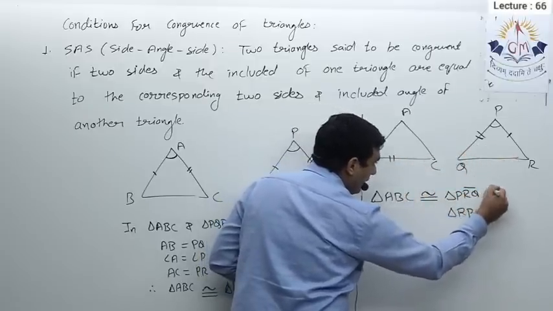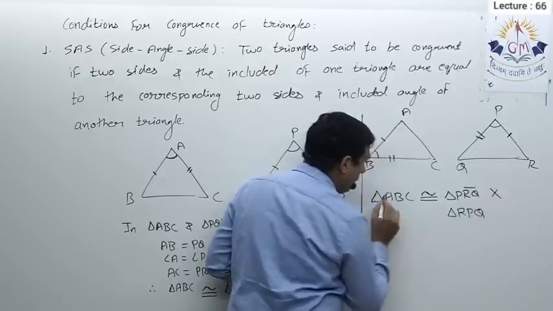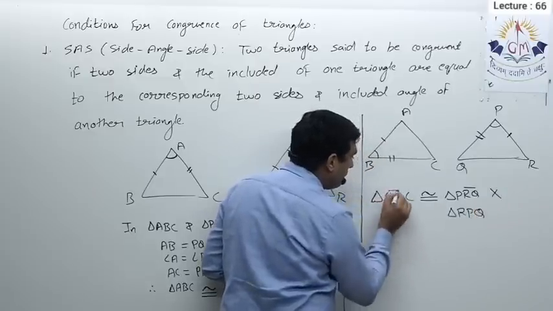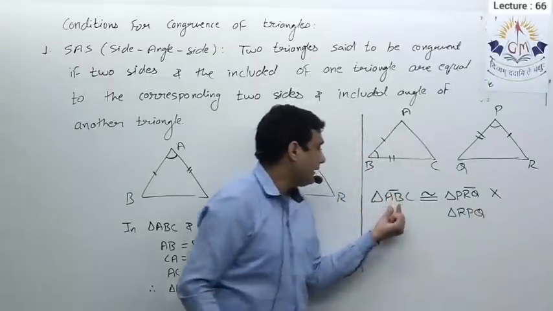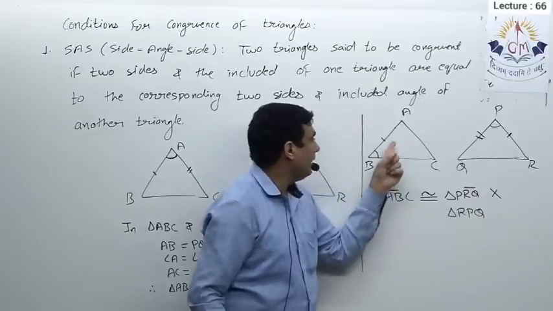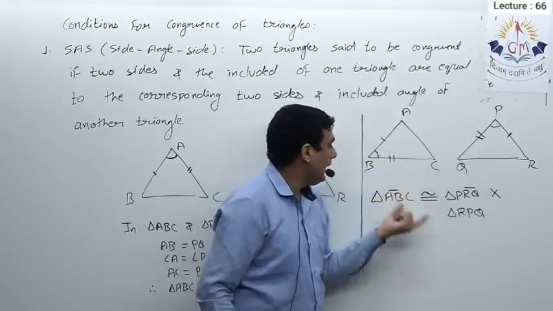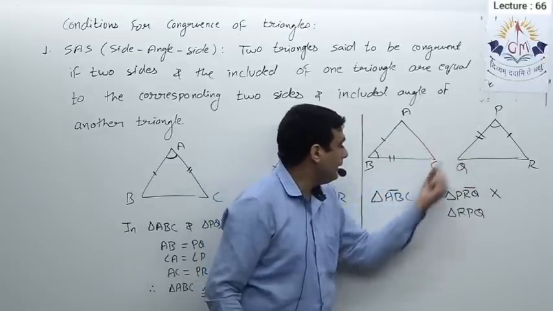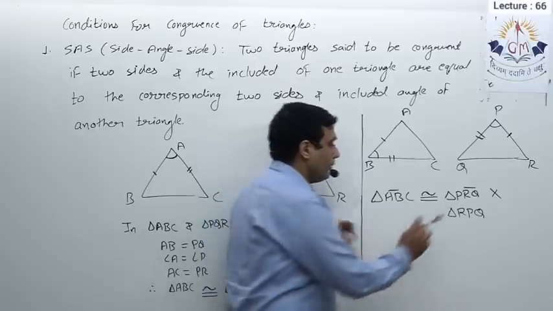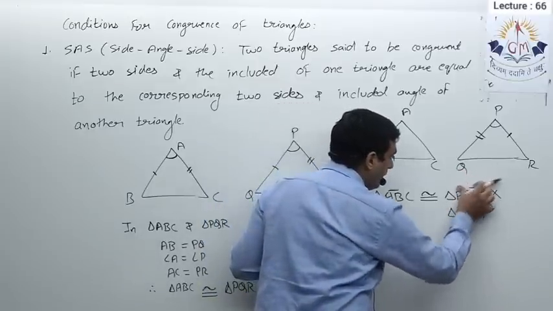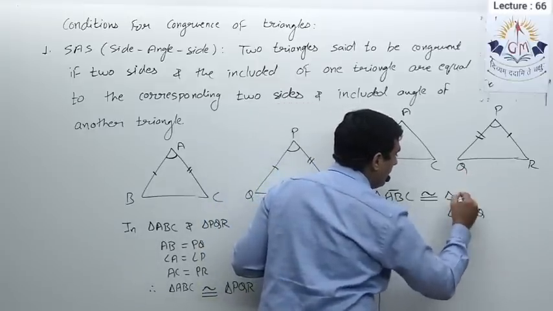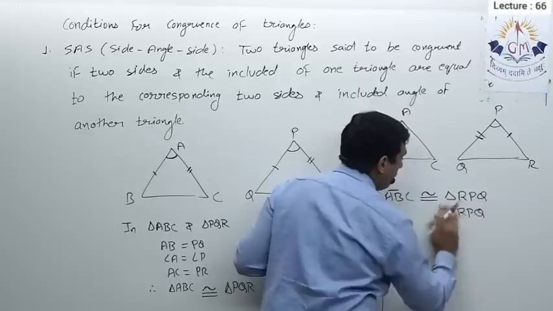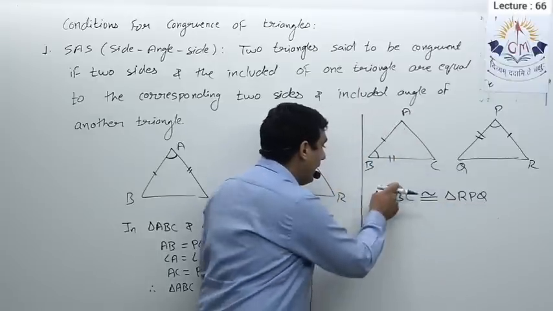So I will cancel this and I will go for this, because if I write RPQ, I will get both the things correct. AB will be equal to RP, and BC is equal to PQ. So correct order of the congruency will be triangle RPQ.